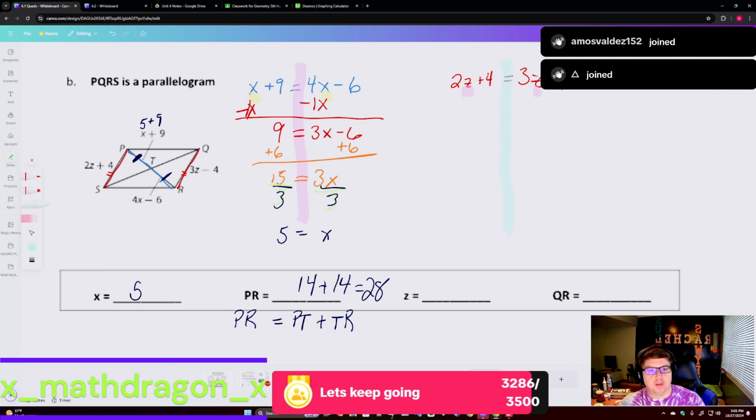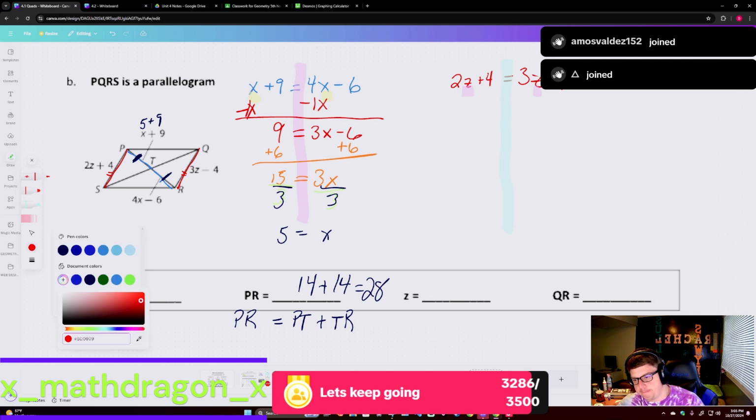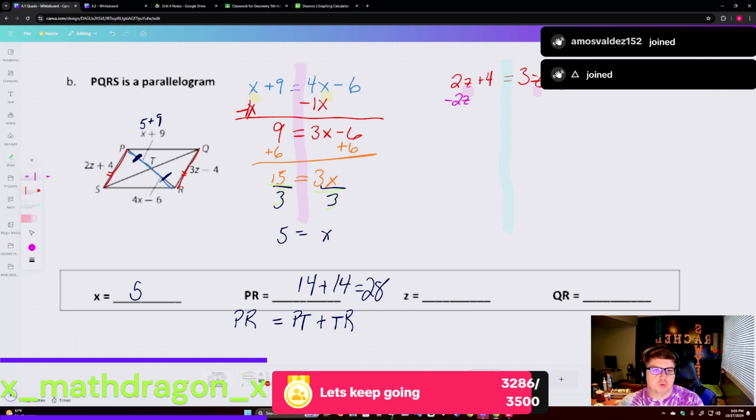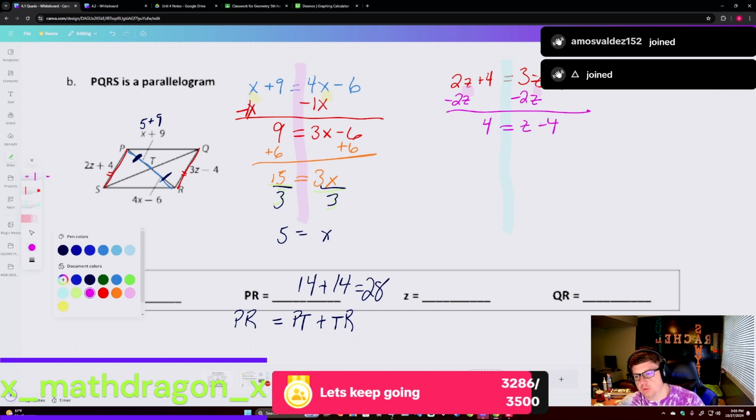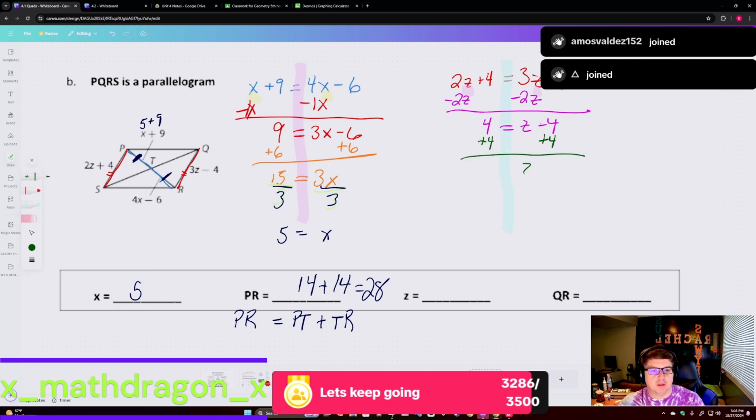Draw a line down the middle of the equal sign. And this time I'm going to subtract 2z from both sides. So I get 4 equals z minus 4. So I'm going to add 4 to both sides, and z equals 8. And then plug it back in.